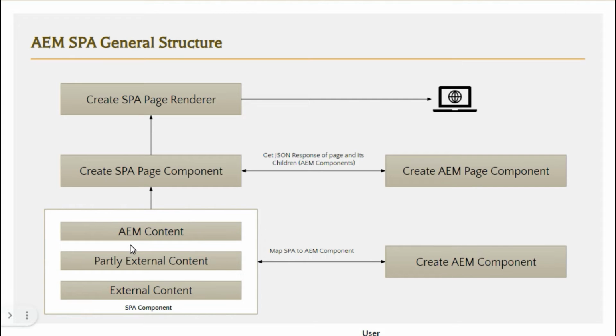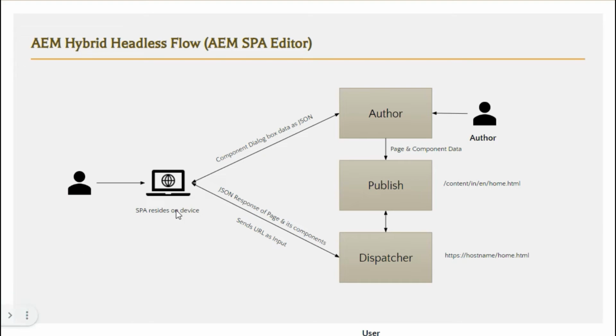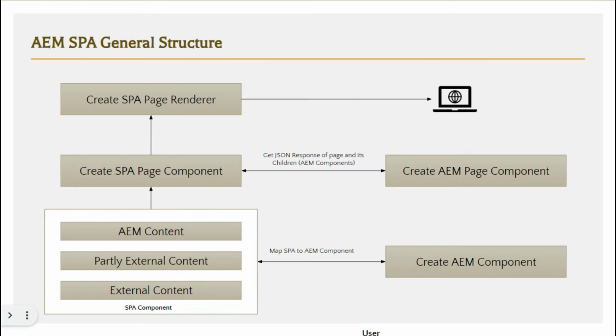So the page component which is available at the SPA level is dynamic. It is not static. Dynamically it will get the list of components from AEM, and accordingly that will render. So the approach here is you will create the SPA component and you will have to create the AEM component. Then you will have to map this AEM component to the SPA component.